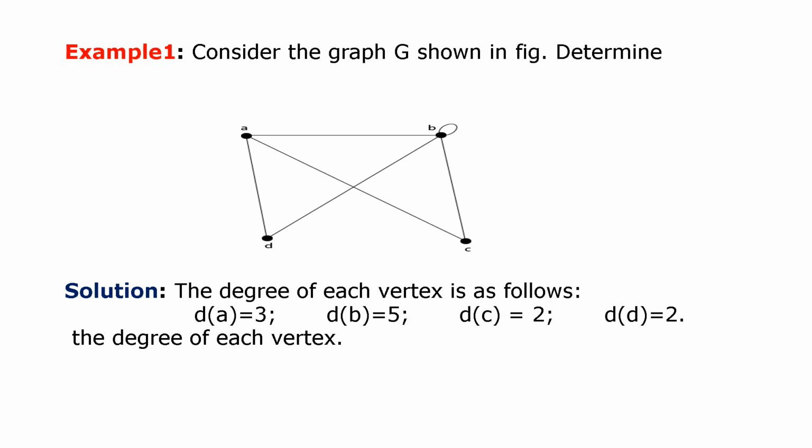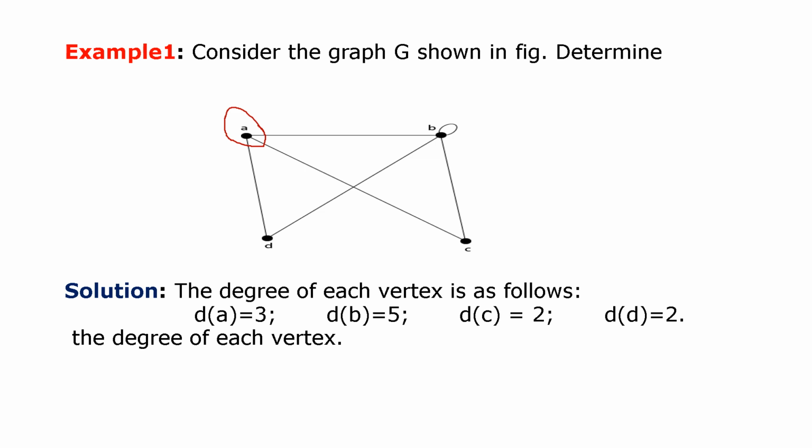We start with vertex A, as here three edges 1, 2 and 3 are incident on A, so degree of A is equal to 3, and at B there are 1, 2, 3 edges and one self loop.